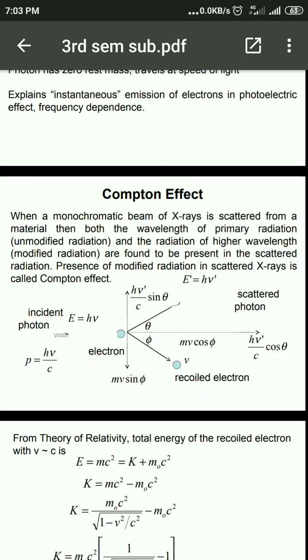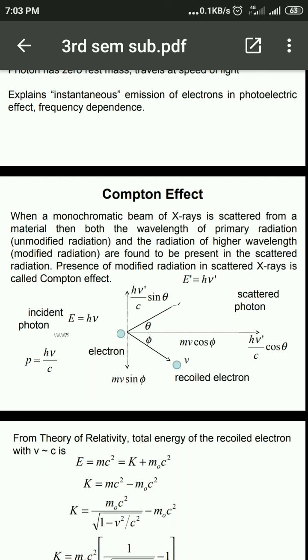Instead of a light beam, we take X-rays, and it has a collision with another material. It can be a metal, or one electron, or any material, and then it is scattered away.